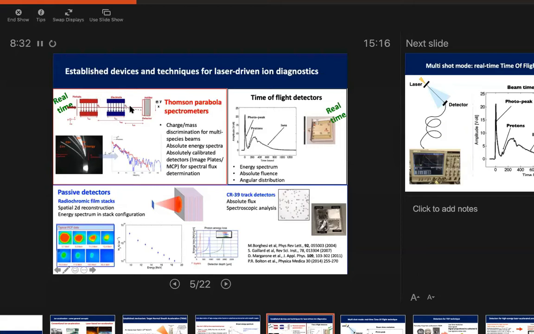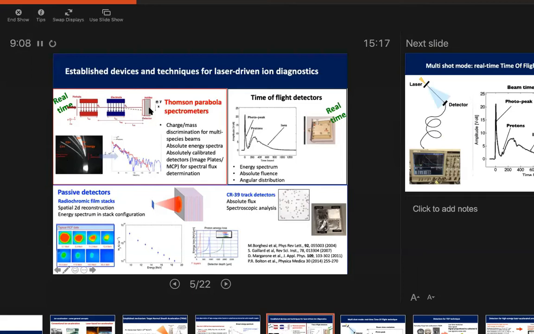With the coupling of magnetic and electric field, as you know, you can distinguish between the different ion species, in particular the charge species, because you can discriminate them according to the ratio between their charge and mass. After the magnetic and electric field, you can place a detector at a certain distance from the electrode and separate the different tracks according to the charge-mass ratio.